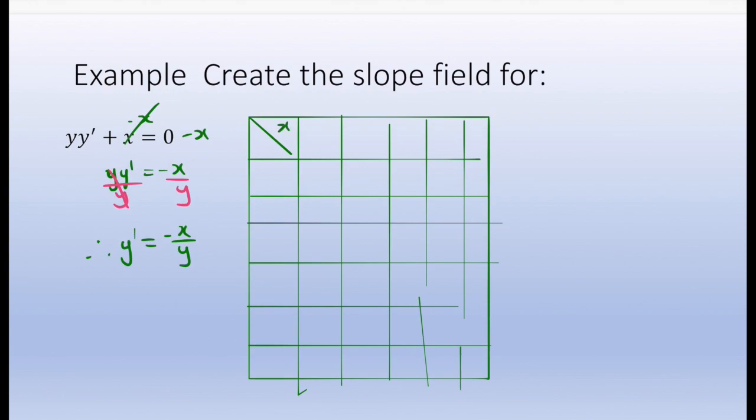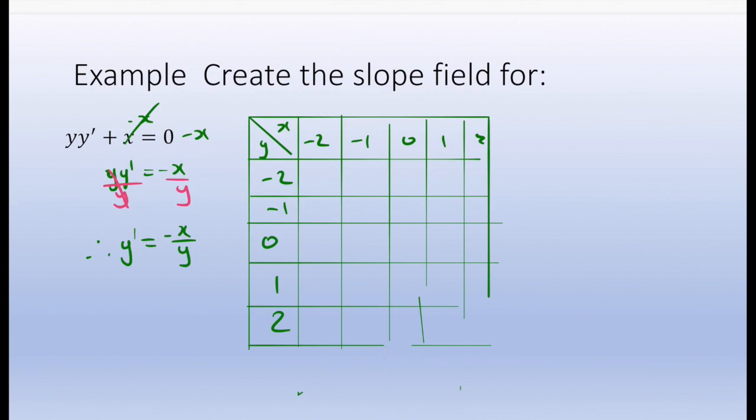And what you do is you've got x and you've got y, and I'll start at negative 2, negative 1, 0, 1, 2. And here I'll do the same thing, negative 2, negative 1, 0, 1, 2, and I'll leave that bottom one out. Might even get rid of it. Let's get rid of it. Okay. And let's fix this up.